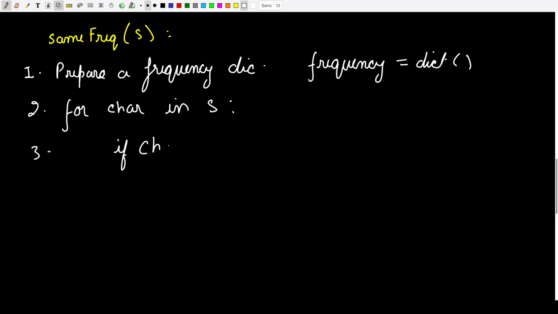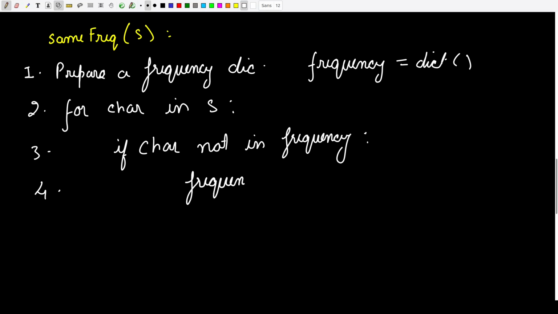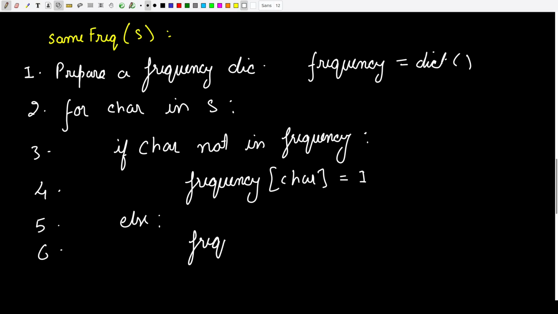If this character does not exist in the dictionary, which simply means it is the first occurrence of the character, then in that particular case we are going to say that this character has occurred for the first time. So the frequency of this character is 1. Otherwise, we are going to simply go ahead and increase the frequency of this character by 1.